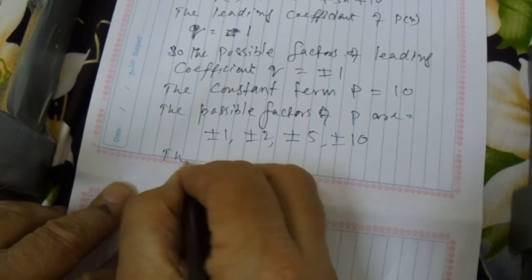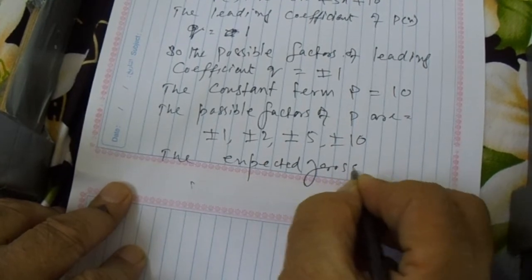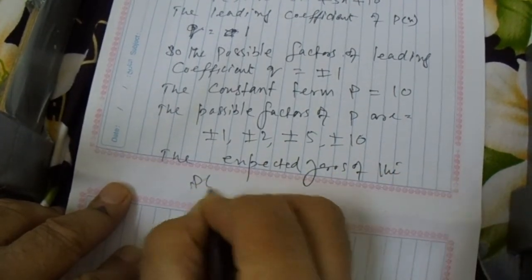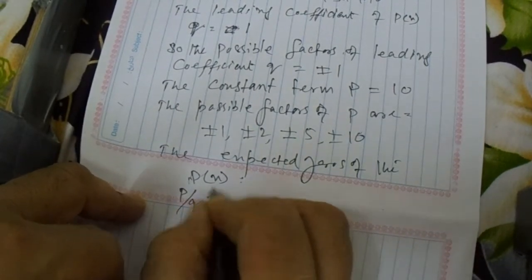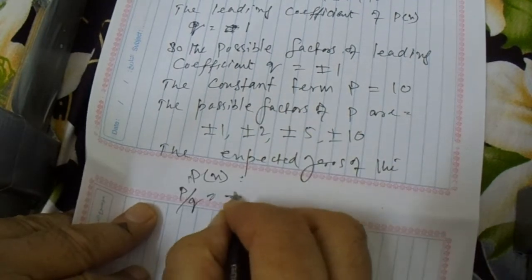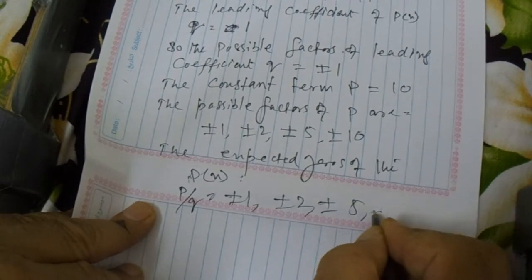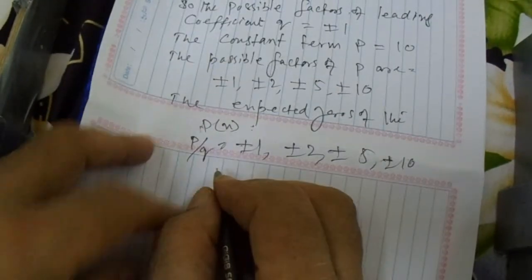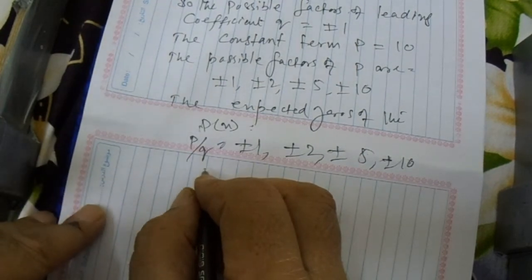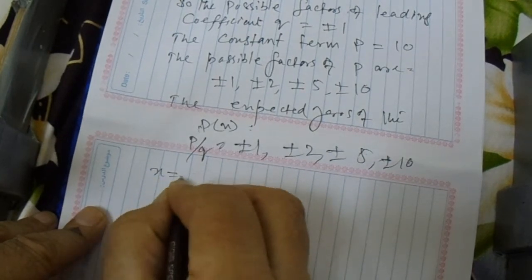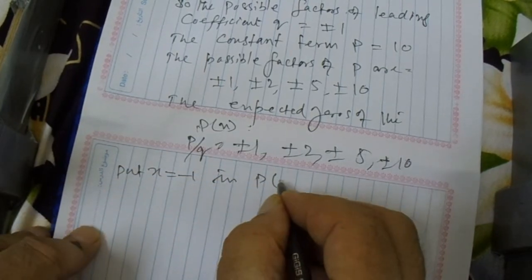So the expected zeros of the polynomial P(x) are p over q is equal to plus minus 1, plus minus 2, plus minus 5, and plus minus 10. Now put x is equal to minus 1 in P(x).